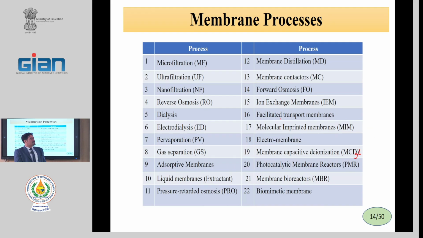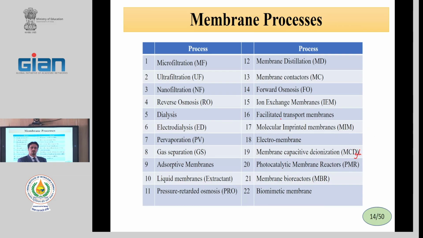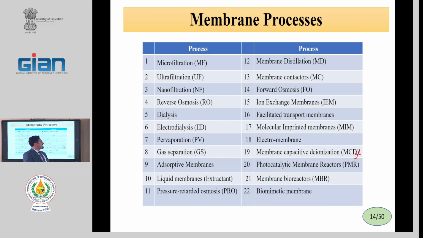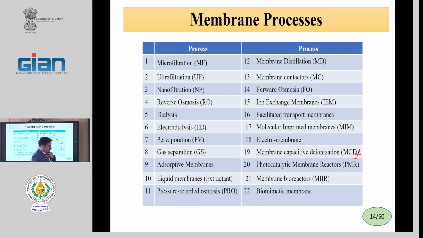In the second step, I want to introduce the membrane processes. We have 22 membrane processes, and we have more than that, maybe 30. But these processes are relatively famous.